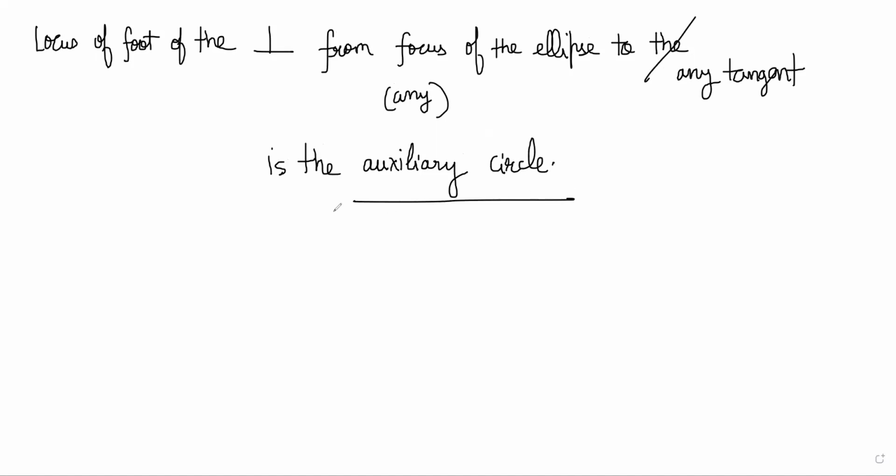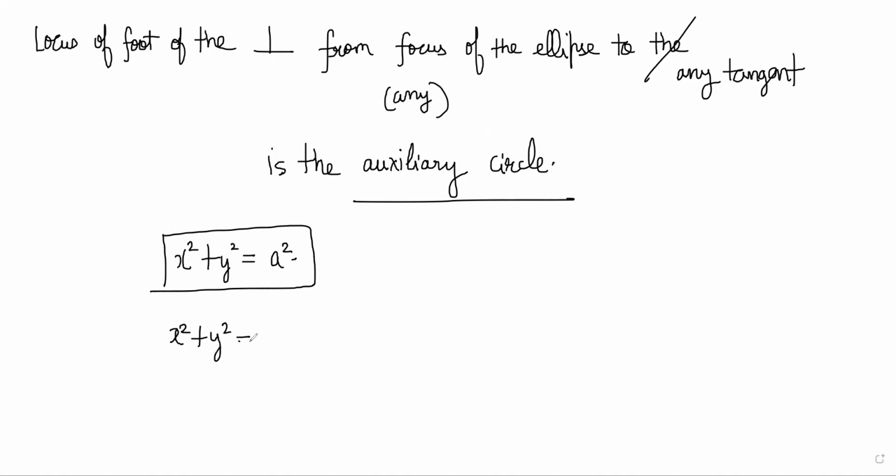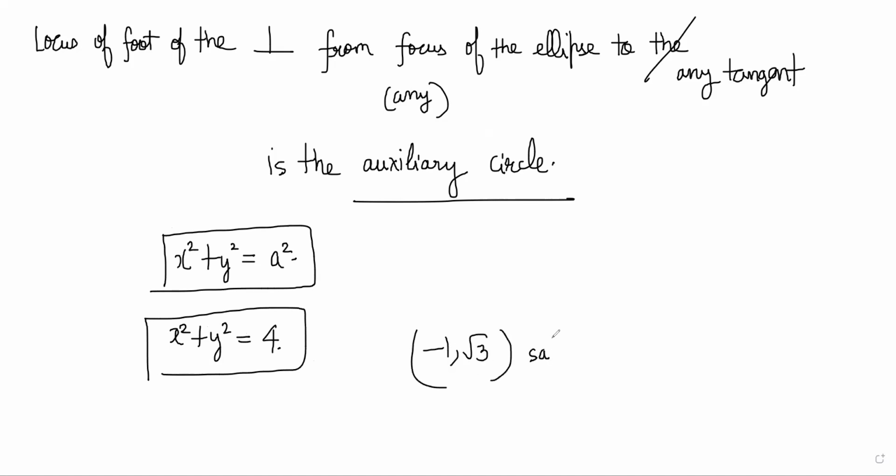If you know this, then immediately you know that the locus of the foot of a perpendicular would be this. In this case, the auxiliary circle would be x square plus y square is equal to 4, and then you can see that -1 comma root 3 satisfies.